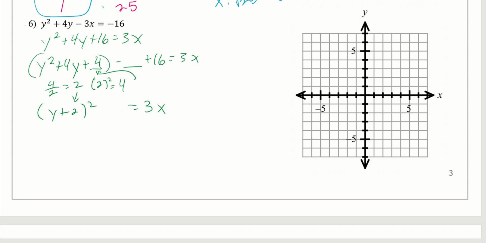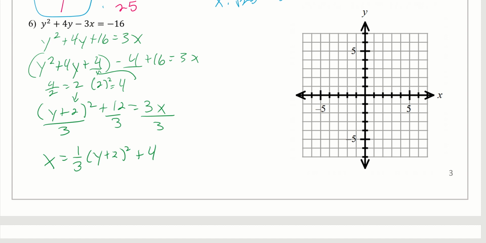I don't have a GCF, so it also goes there. All right, so right here will be a plus 12. Now I want to get the x by itself, so I'm going to divide everybody by 3. Now I'm going to switch it around just so that the x is first now. So I have x is equal to 1/3 y plus 2 squared plus 4.